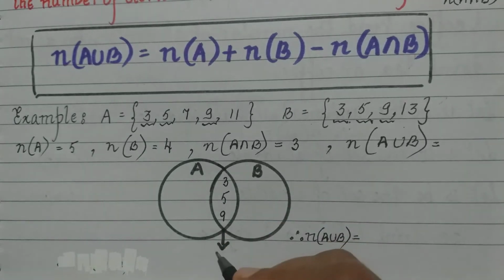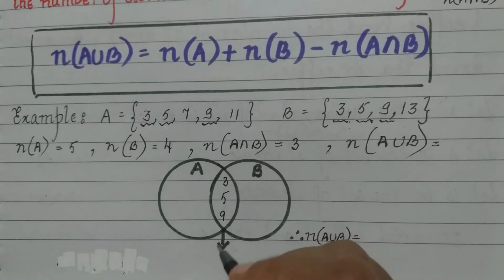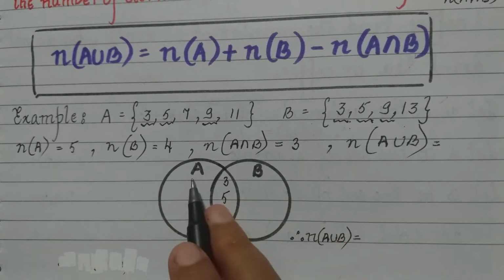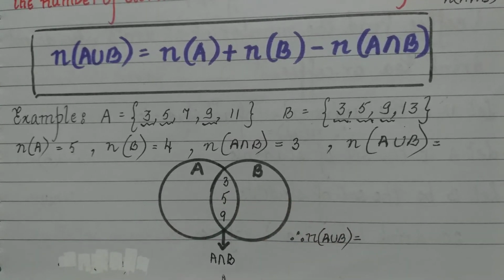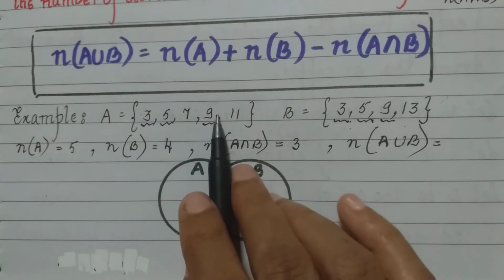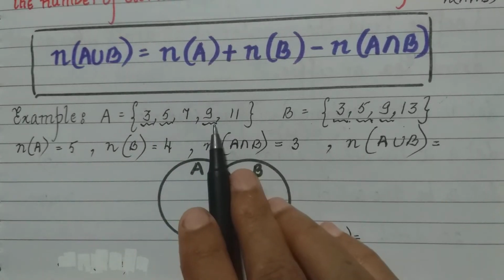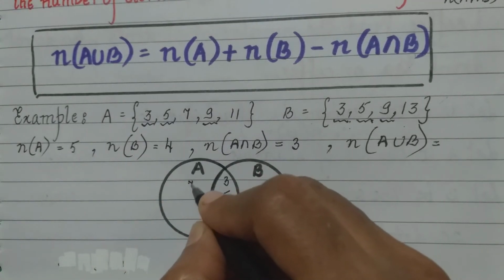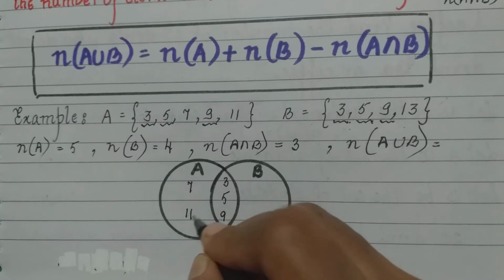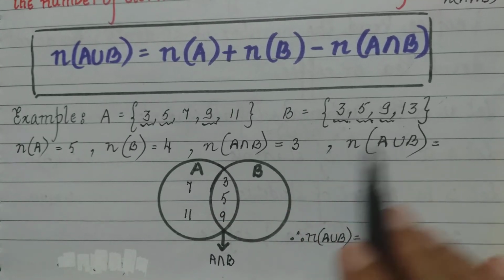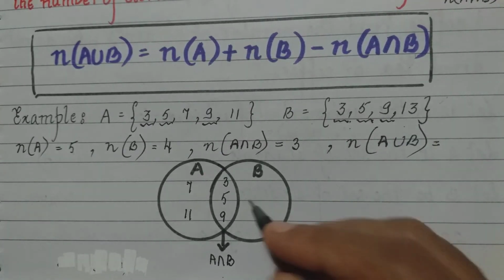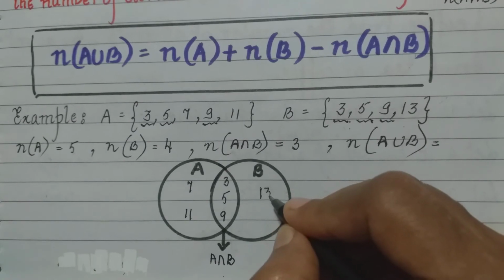Actually, this region represents A intersection B, and this full one represents A union B. Now if 3, 5 and 9 are already written in A, what is left? 7 and 11, so I write here the elements 7 and 11. In set B, if 3, 5 and 9 are already written, the element left is 13.